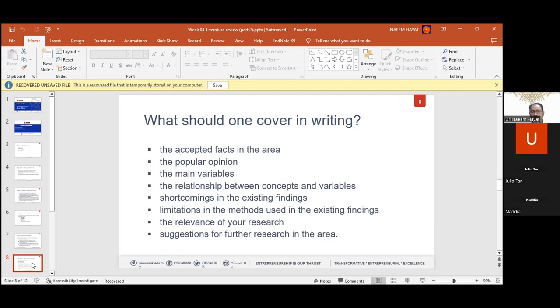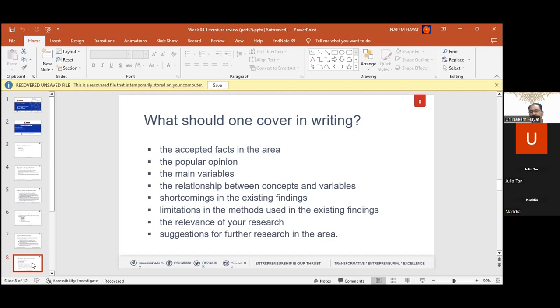The main variables which are already discussed, how they define the variable, and how the literature understands the variable's influence or effect on the outcome variable, if that is the topic area we are studying. Then the relationship between the concept and the variable. We need to understand that concept and variable are two different things. A concept is a broader understanding and the variable is the operationalization of the concept.